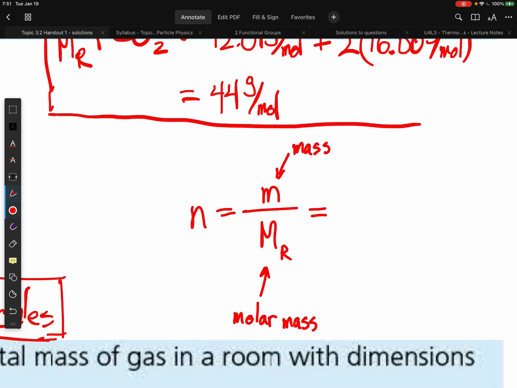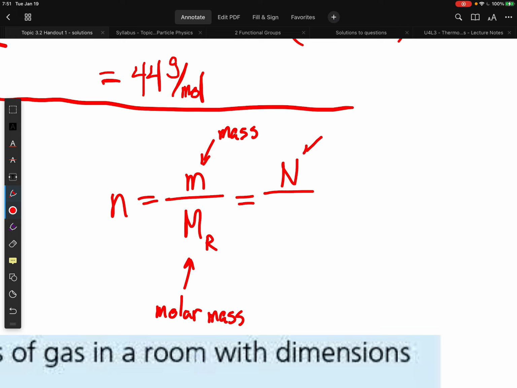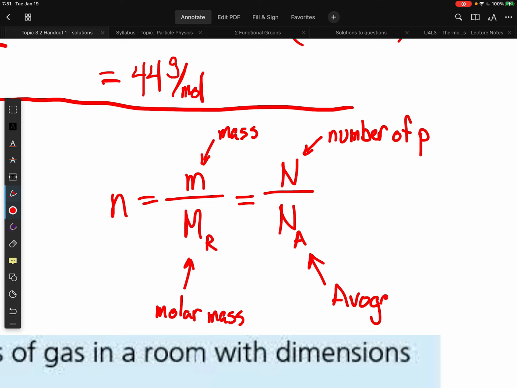Okay, now this ratio is equal to another ratio, and this is in your data booklet, where we have the number of particles of a substance divided by Avogadro's number, which I like to call Avogad's.